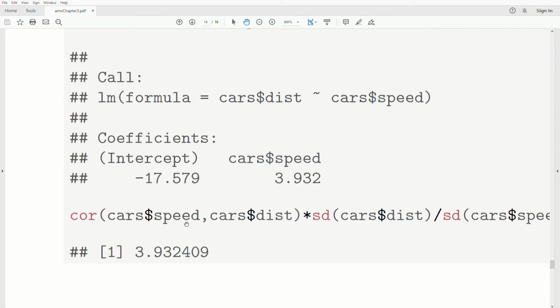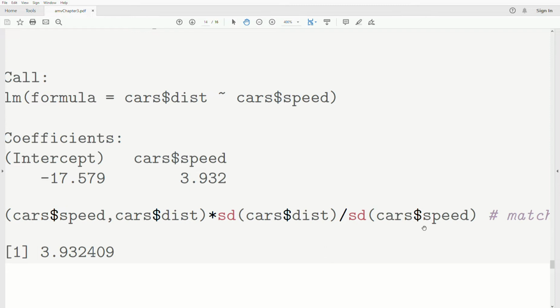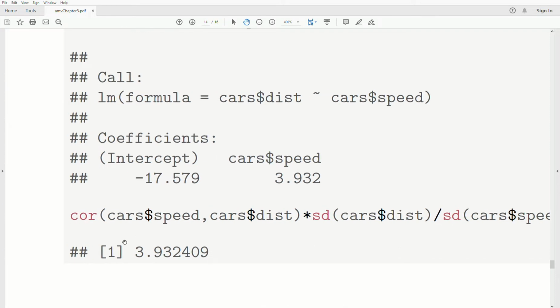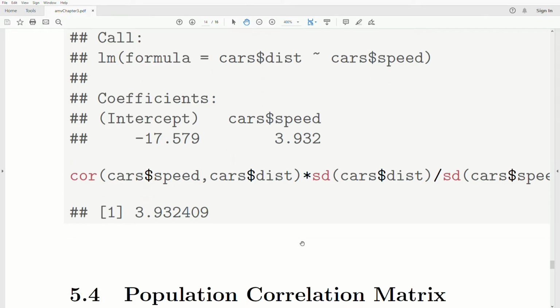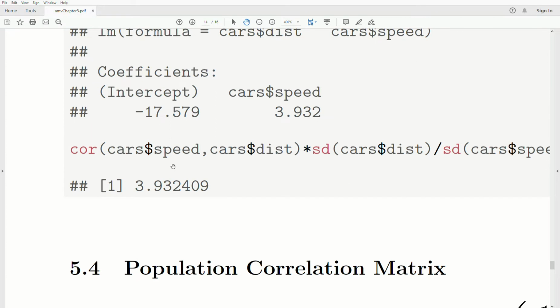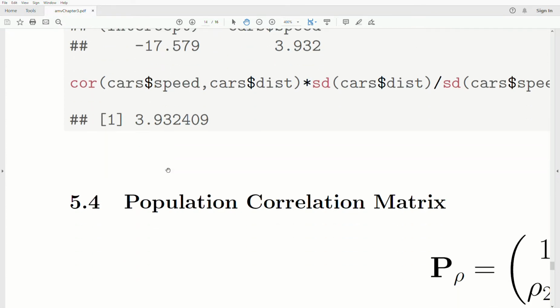But if we take the correlation times the standard deviation of distance divided by the standard deviation of speed, it actually equals the slope of that line, right? So correlation is just a weighted slope. And that's one reason why it describes that linear relationship.